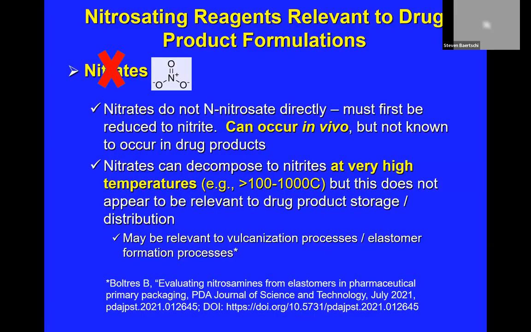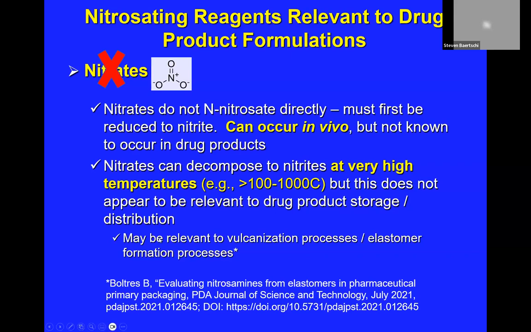That's a reduction process, and it would have to be a very exotic formulation for that to have any relevance. Now, nitrates can decompose to nitrites at very high temperatures, for example, greater than 100 to 1,000 degrees C. But this does not appear to be relevant to drug product storage and distribution in any sense, and there's no examples of that I'm aware of.